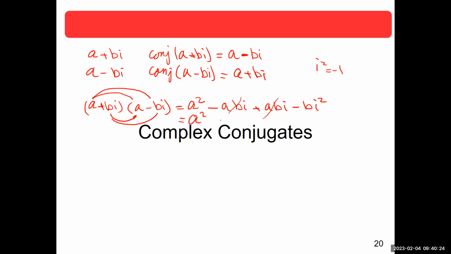The only thing left is negative b squared, because b times b is b squared, and we have b squared multiplied by negative 1. So at the end, this is equal to a squared plus b squared. It is a real answer.